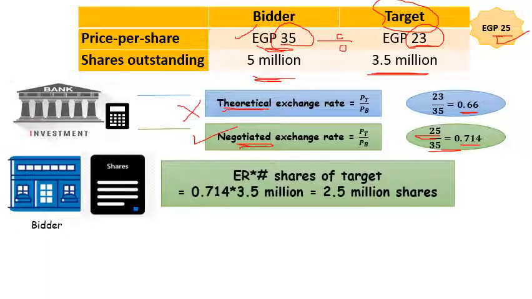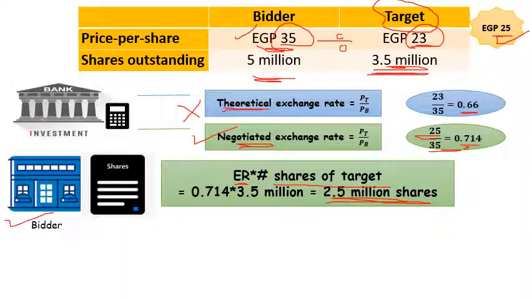So the bidder will issue how many shares? We will multiply the negotiated exchange ratio, 0.714, times the number of shares of the target company, 3.5 million. So the bidder will issue 2.5 million in new shares.